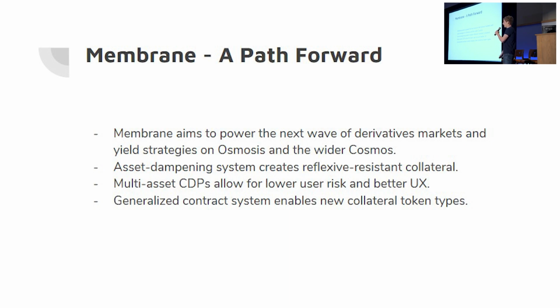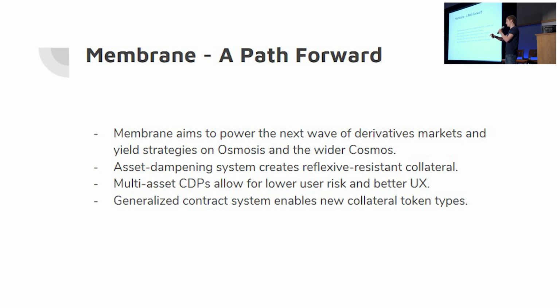For us, we've also added a few improvements. So we're excited about multi-asset CDPs, which is basically where instead of just depositing your Ethereum and minting, or depositing your USDC or whatever and minting, you can bundle your assets together and mint tokens against that whole set of collateral.